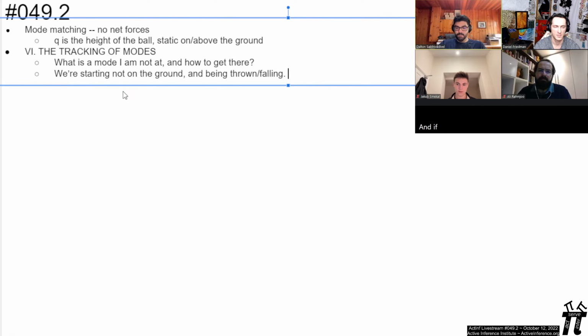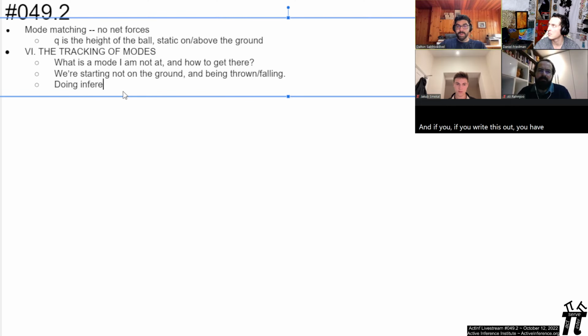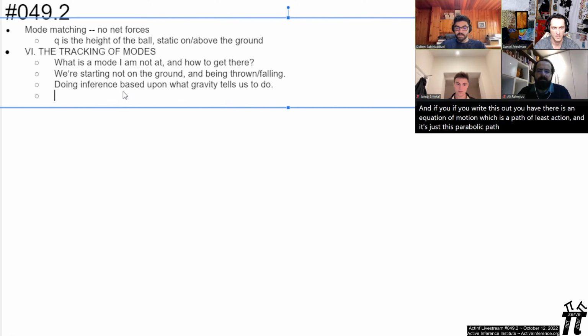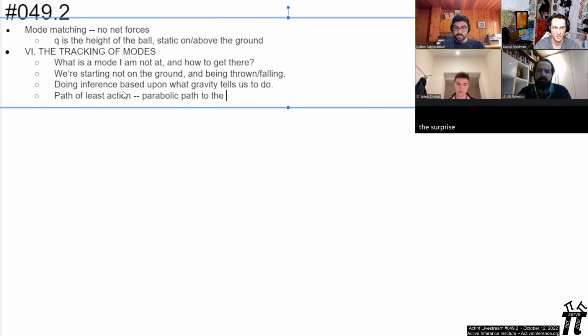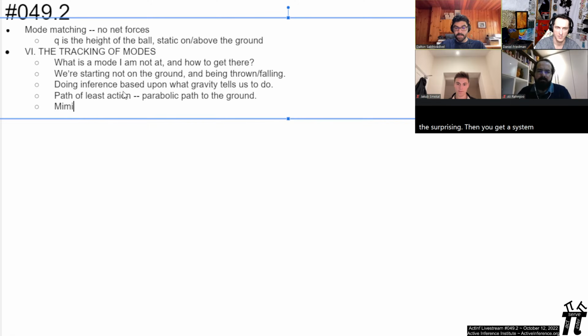And if you write this out, there is an equation of motion, which is a path of least action, and it's just this parabolic path to the ground. If you plug that in and you minimize the surprisal, then the system goes like that.